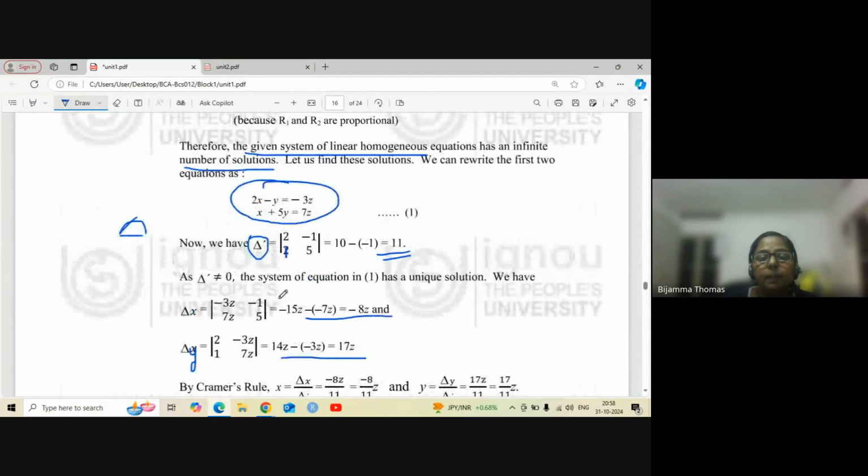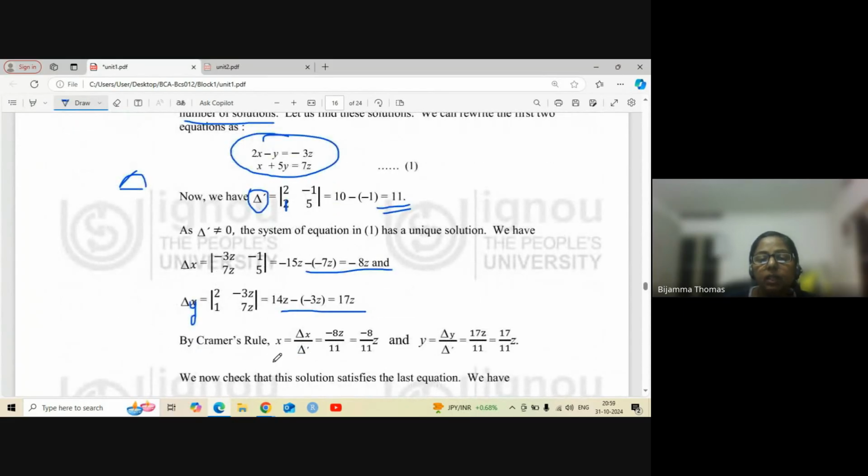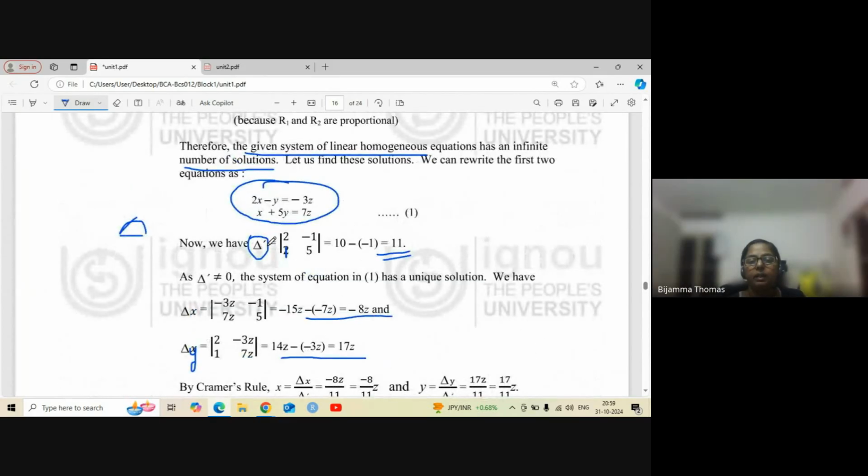Then by Cramer's rule, identify the values of x and y. They will be in terms of z. That is why we say that we have an infinite number of solutions. Is it clear? Okay, ma'am. Now identify the delta x value and delta y value.